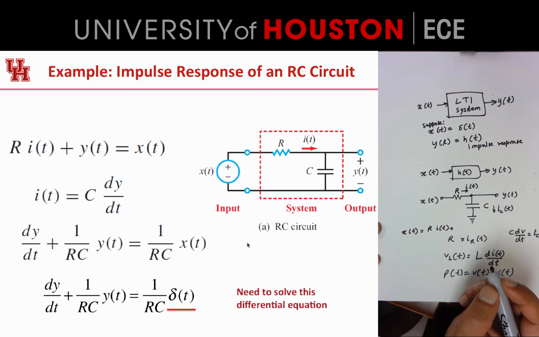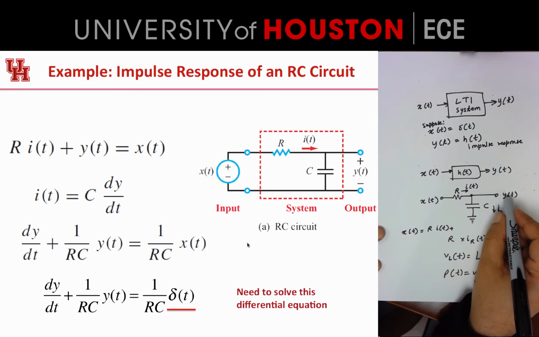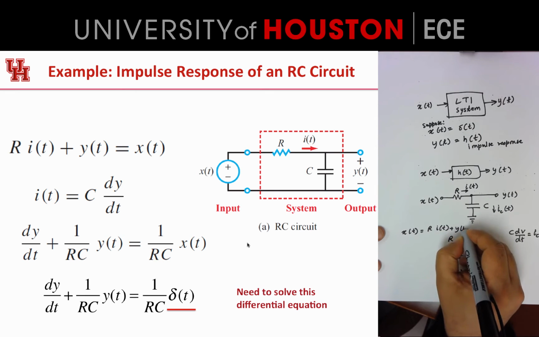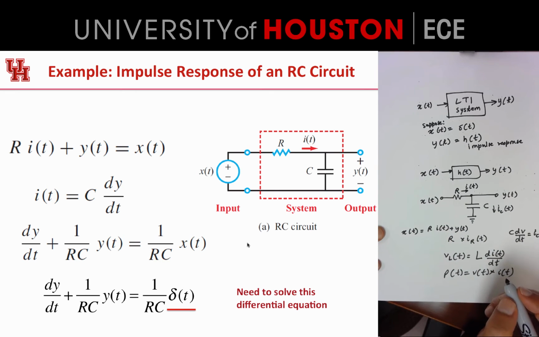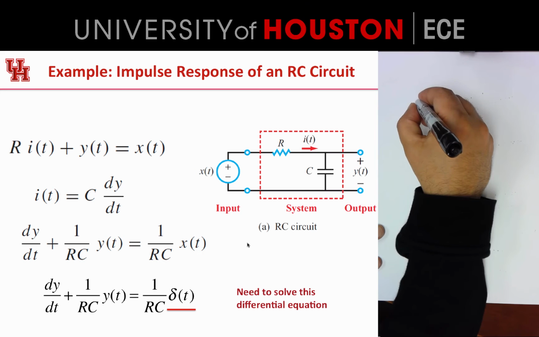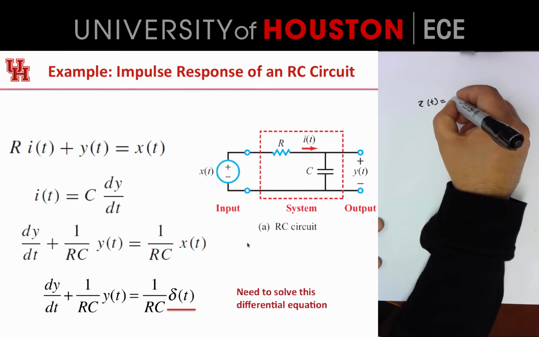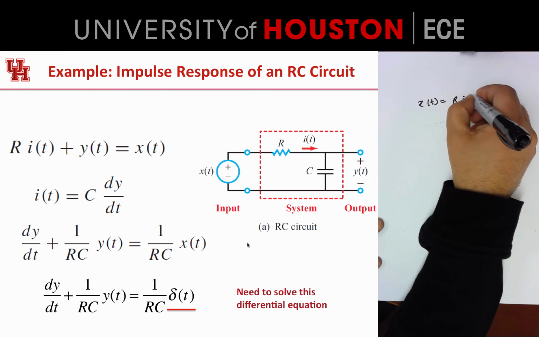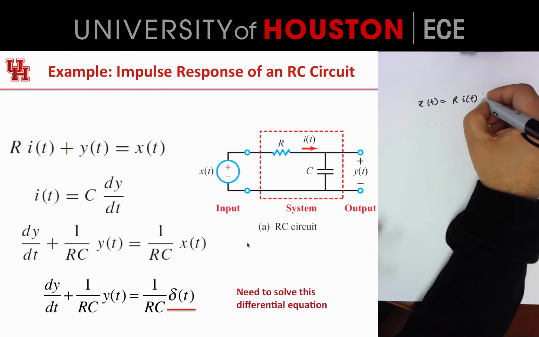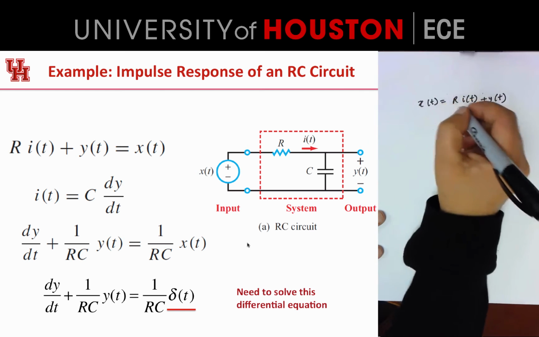This is going to be the voltage across the capacitor, and this also happens to be our output, so this is y of t. Let me rewrite that formula here. So x of t equals R I of t plus y of t.